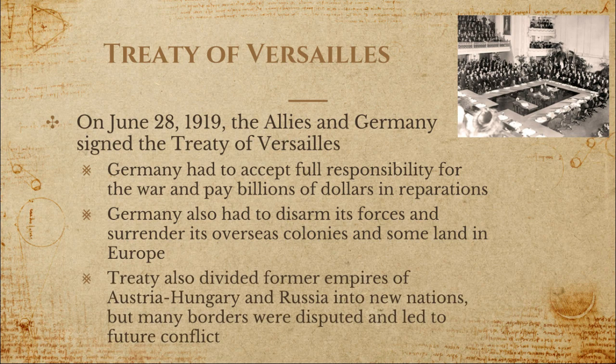Finally, the Treaty of Versailles would divide the former empires of Austria-Hungary and Russia into several new nations, but many of the borders that were created by the treaty were disputed by the different ethnic groups, and this would actually lead to future conflicts. So, not all of the terms of the Treaty of Versailles really worked out that well.